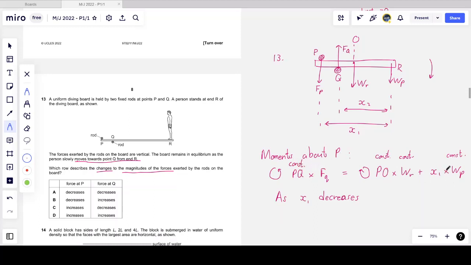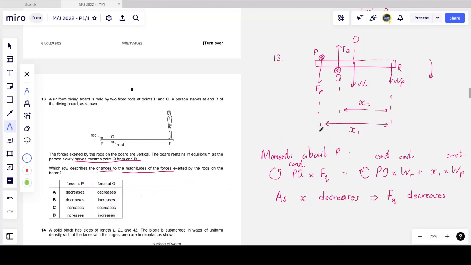And so if I decrease x1, what does this mean? FQ must decrease as well. I'm decreasing the right-hand side of the equation, and so too shall the left-hand side decrease. And so FQ decreases. Okay, that's good. I know that the force at Q decreases, so I eliminated options B and D. I'm left with A and C, but obviously I still have to figure out what's going to happen to the other force, FP.